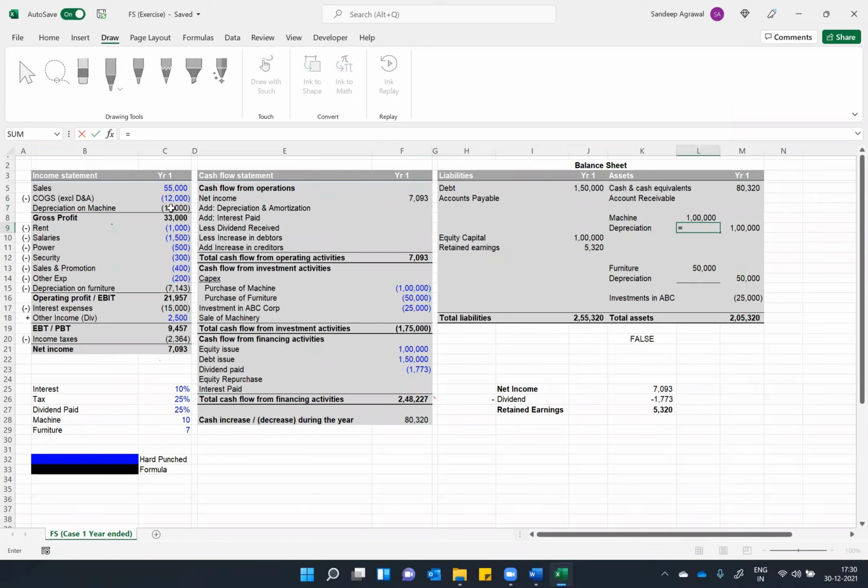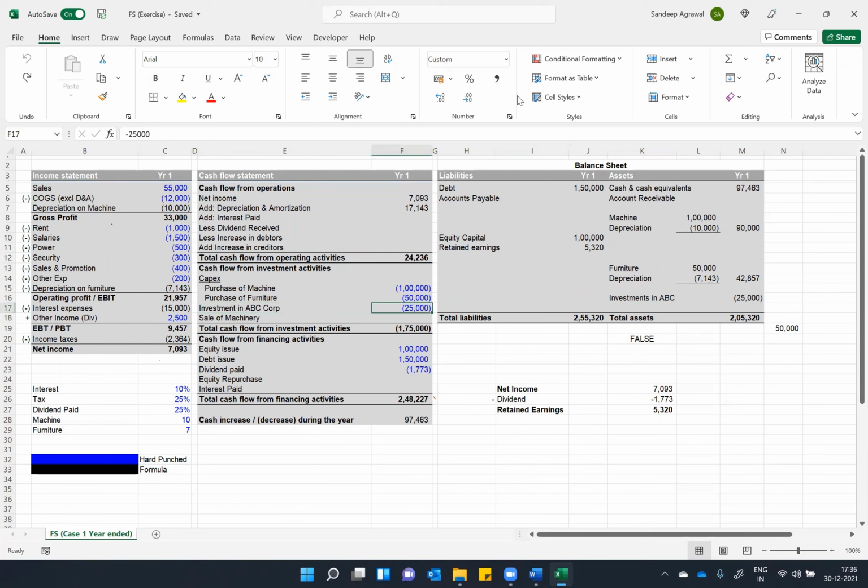So I'll just link the depreciation on machine here and depreciation on furniture here. Next is I will add the depreciation plus amortization. Happening here is that we have just not put in the negative sign here. The moment I'll put the negative sign, my balance sheet will match.